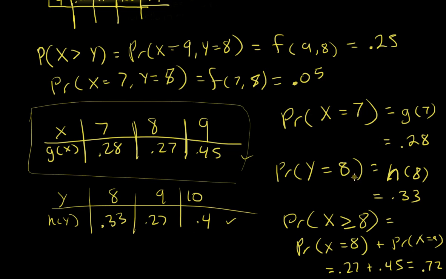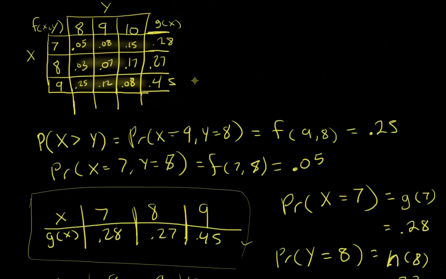You should be able to calculate a conditional probability function when you're provided with the joint probability distribution function. So, a conditional probability would be something like the probability that x equals 8 given y equals 9.